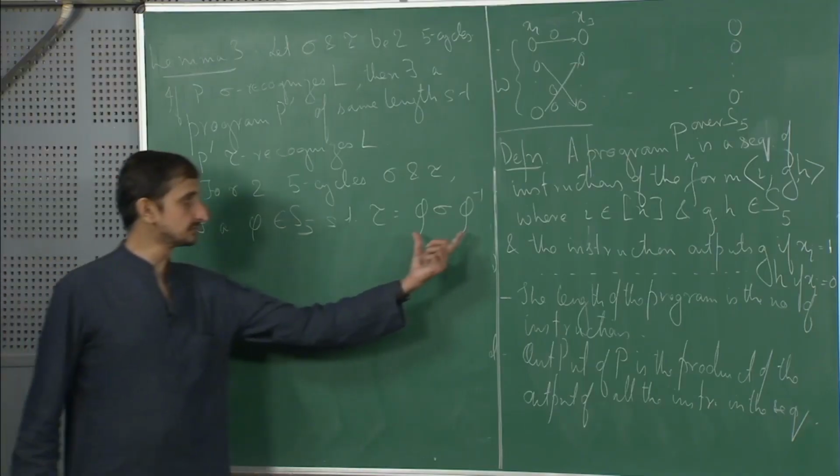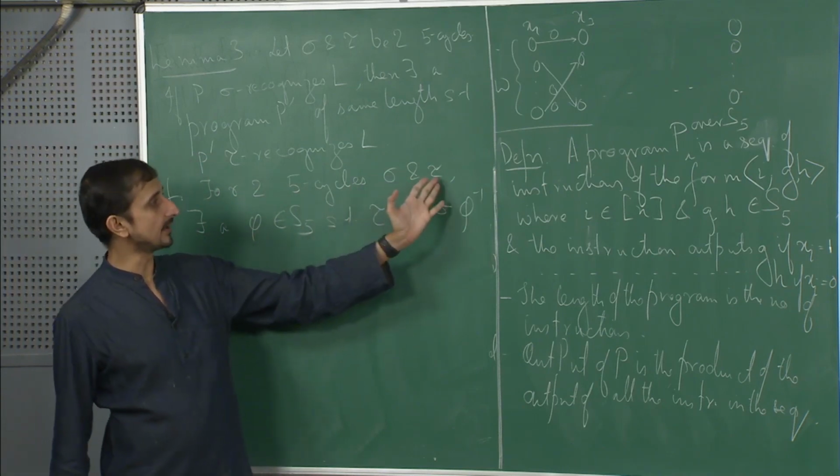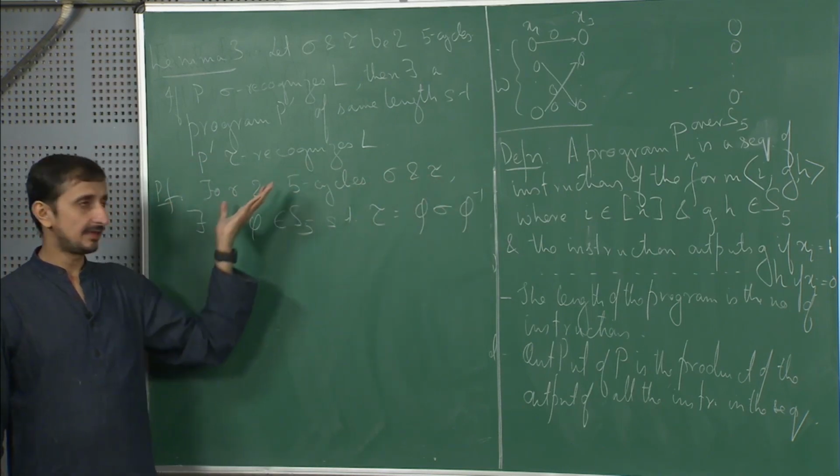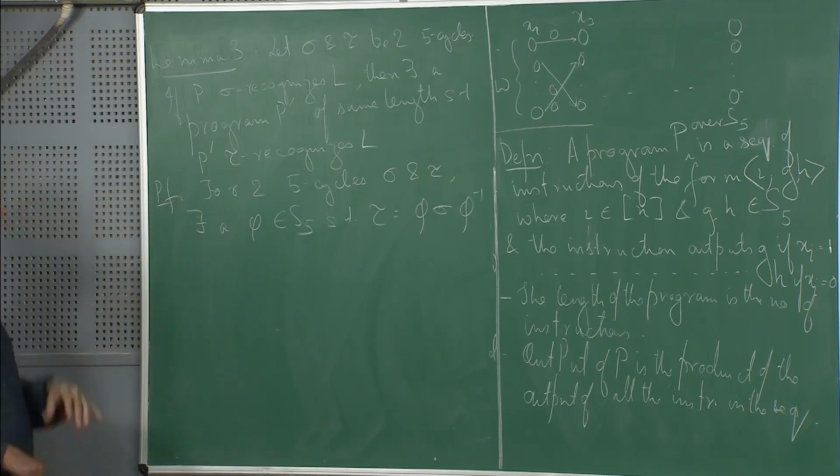This term is called the conjugate of sigma. So, it says that any 5 cycle is basically a conjugate of another 5 cycle, that is all. And this, as I said, is a very standard result, it can easily be checked.